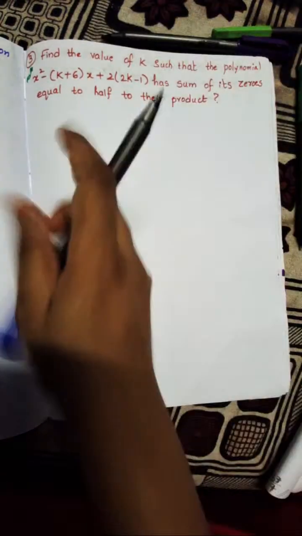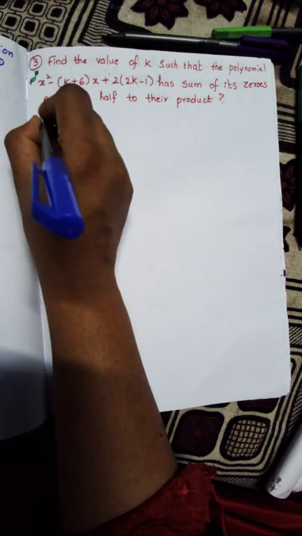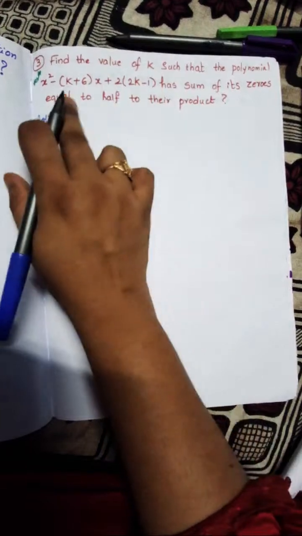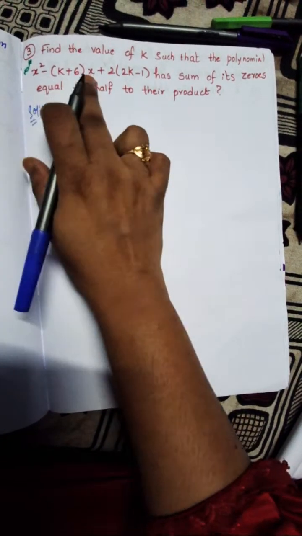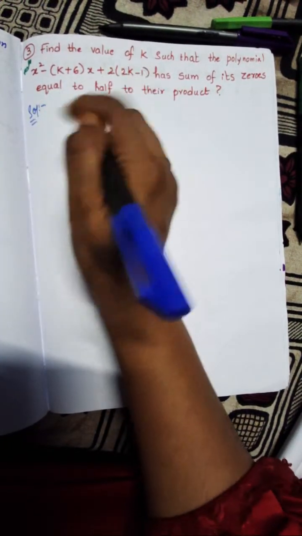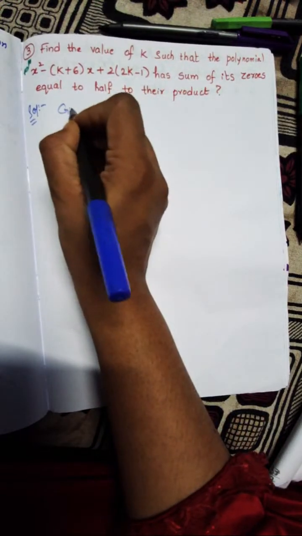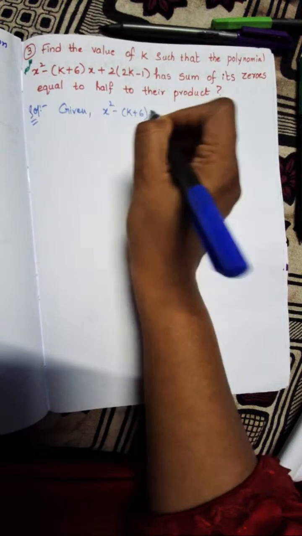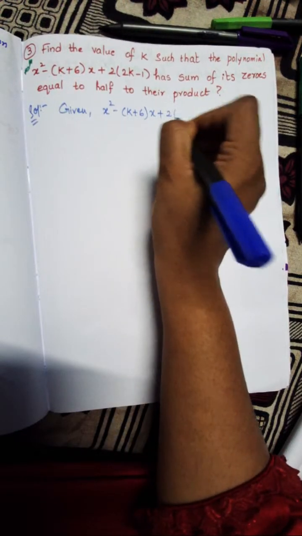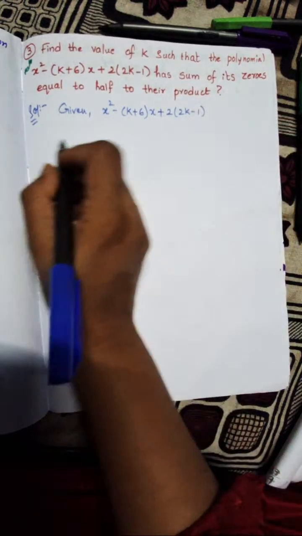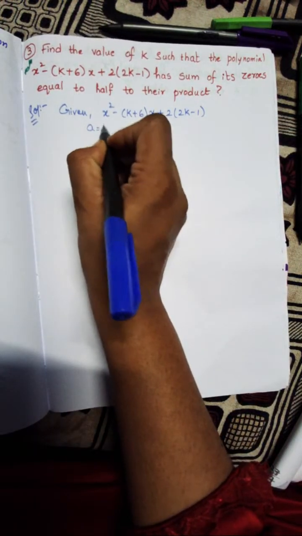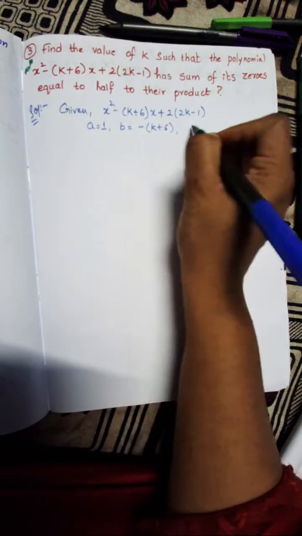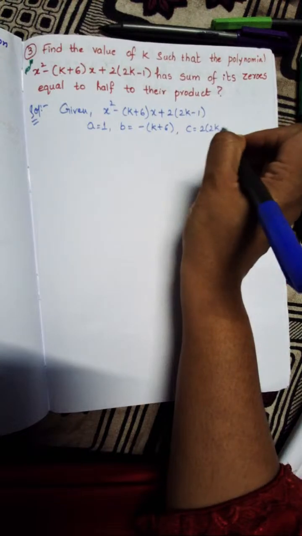So what we have to do in this? Given x square minus (k plus 6)x plus 2(2k minus 1). Here a equal to 1, b equal to minus of (k plus 6), and c equal to 2 into (2k minus 1).